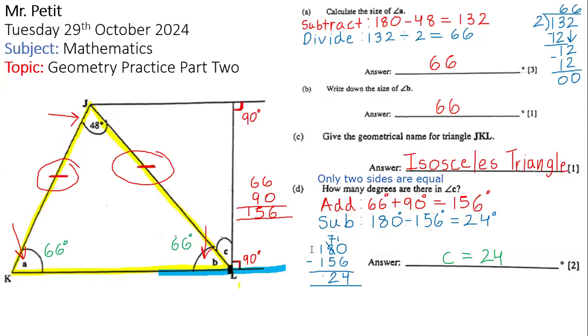Yes, go ahead, Kanan. How come we add 90 again? Oh, we add 90 because it's on a straight line.